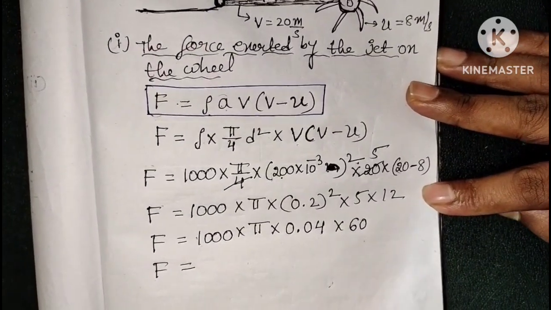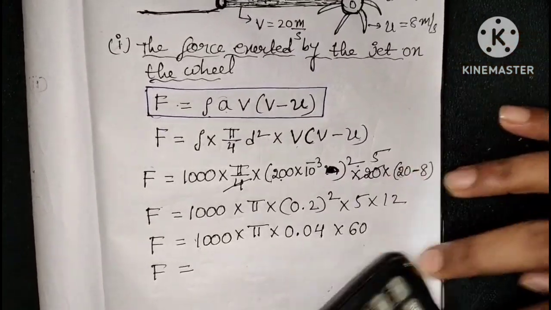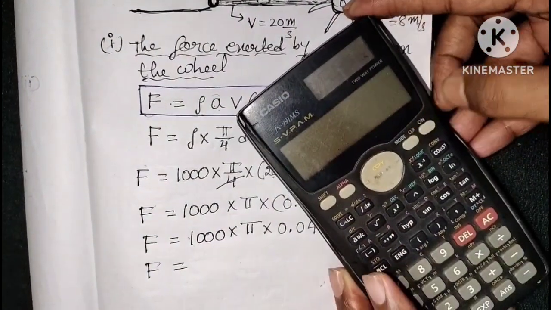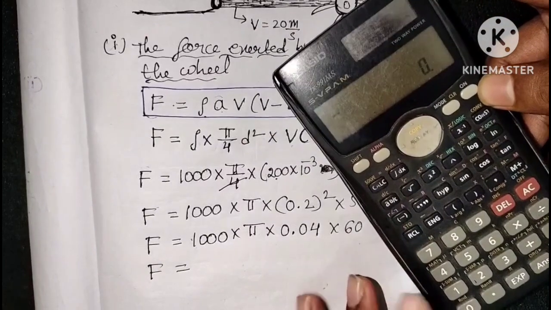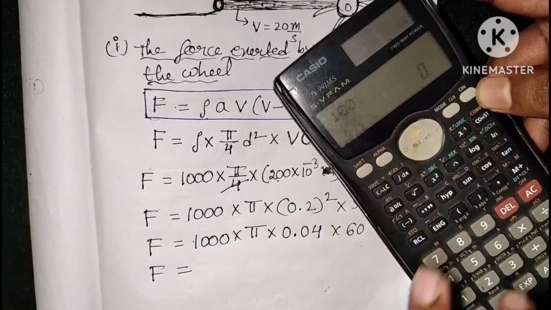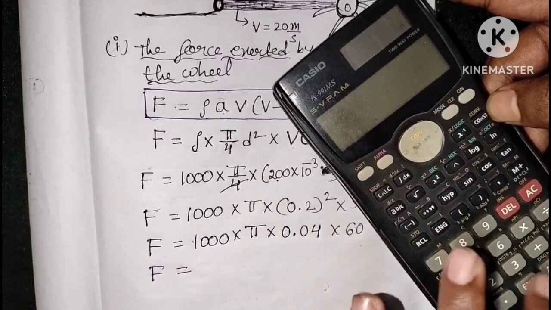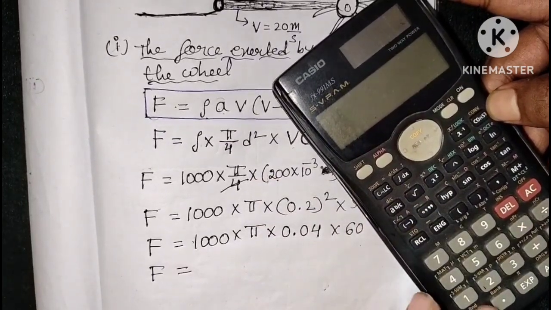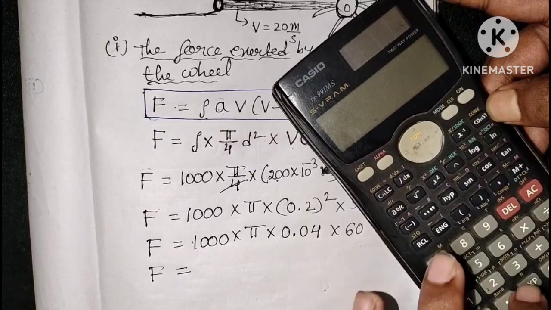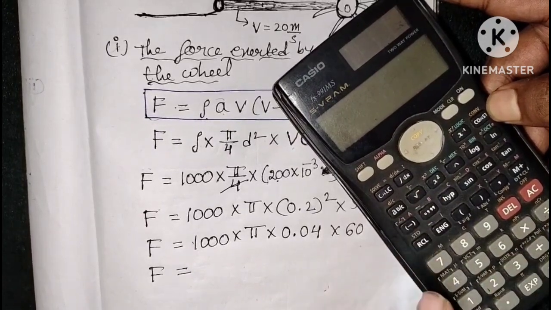Let us use a scientific calculator, then we can find the final answer. 1000 into pi into 0.04 into 60.